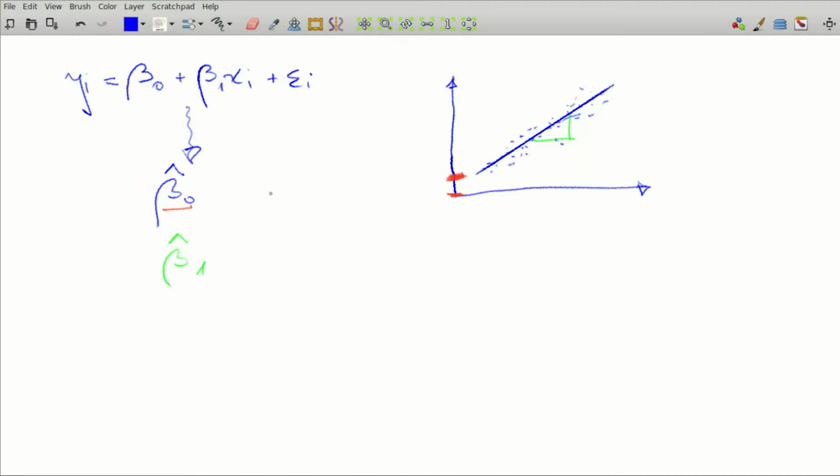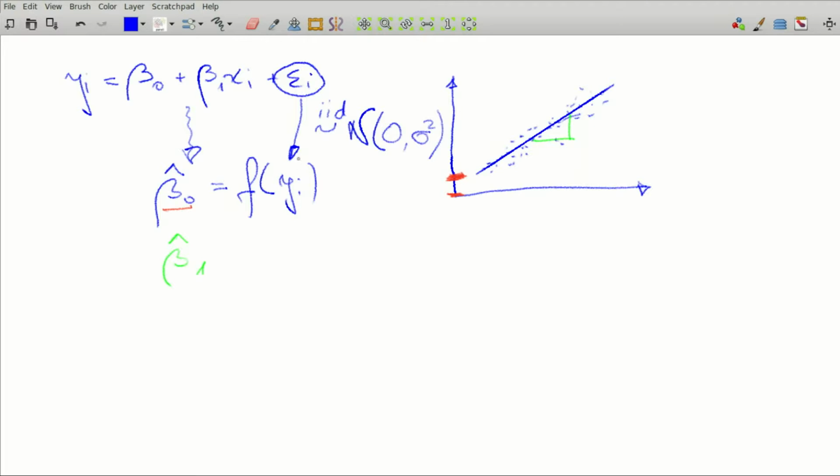Now, how do we get those estimates? Well, essentially those estimates are functions of y_i. y_i in turn depends on epsilon_i. Epsilon_i is usually IID, independent and identically distributed according to the Gaussian distribution with mean 0 and some standard deviation sigma.